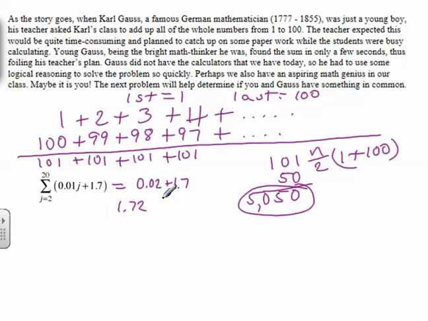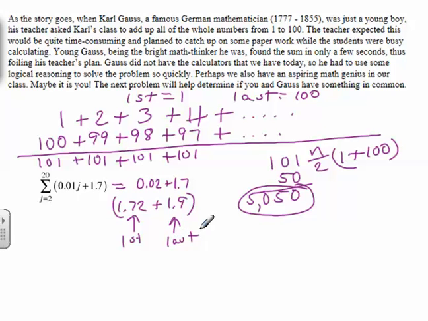And what would be the last term? If we multiply this times 20, 20 times 0.01 would be 0.2, and 0.2 plus 1.7 would be 1.9.